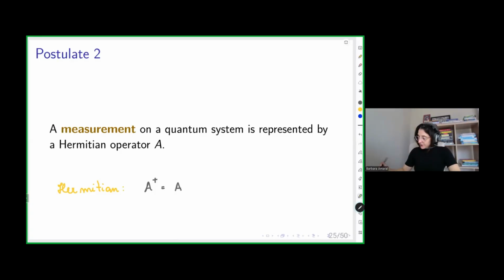And this type of matrix, if you remember, has two special properties.